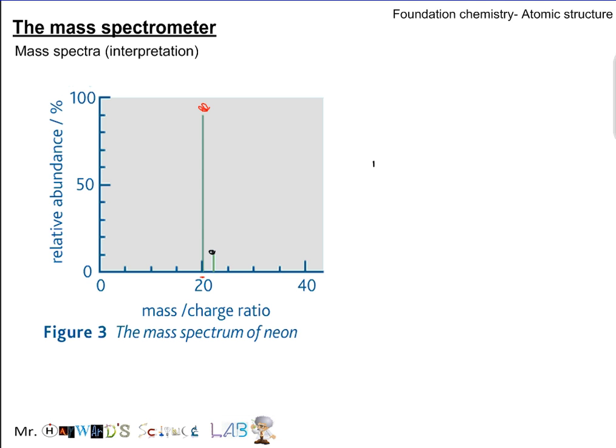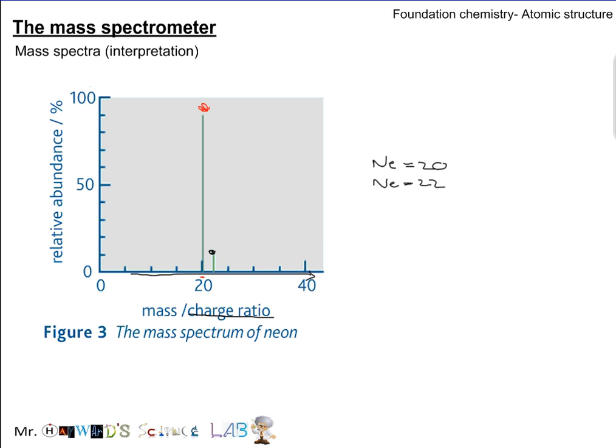We've got neon 20 and neon 22. So there are 2 isotopes. That shows you the 2 isotopes we've got. Along the bottom, it's the mass to charge ratio. Okay, don't worry about the charge ratio at the moment.